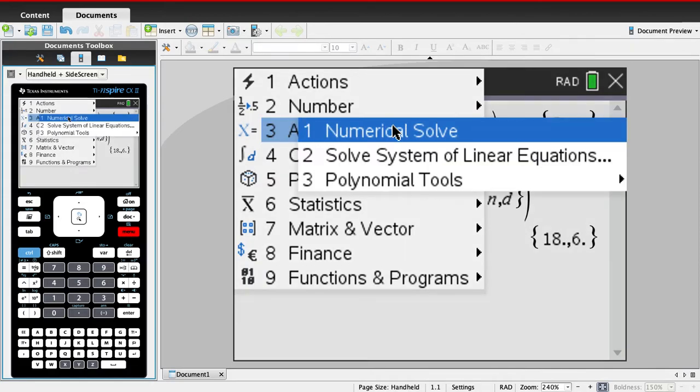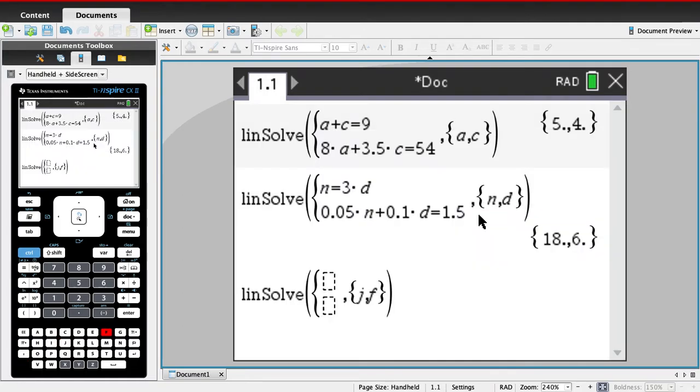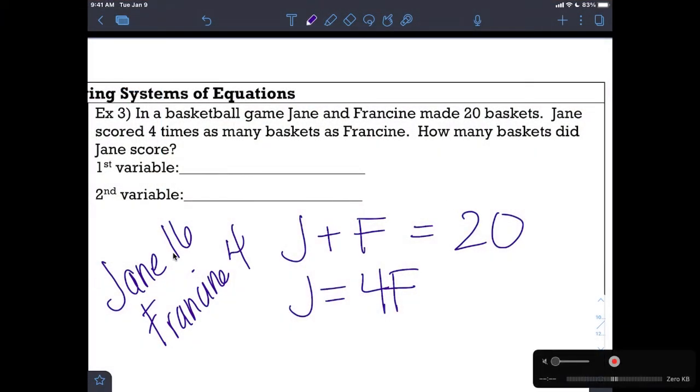I'll put this one in my LinSolve. Jane plus Francine equals 20. And Jane is also 4 times the amount of Francine. So Jane scored a total of 16 baskets, and Francine only made 4, but they weren't asking us about Francine, so our answer would be 16.